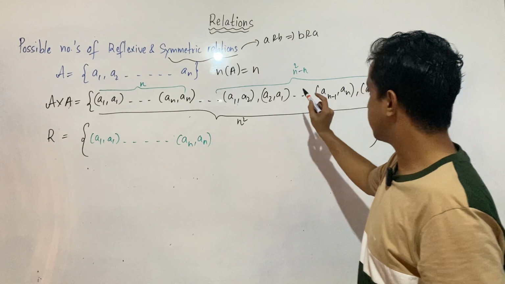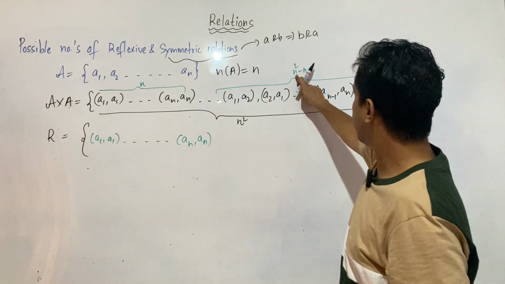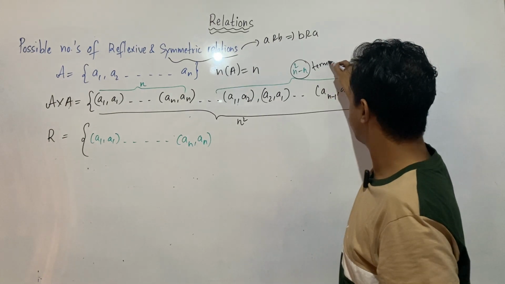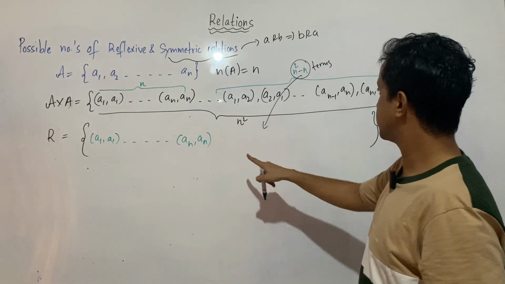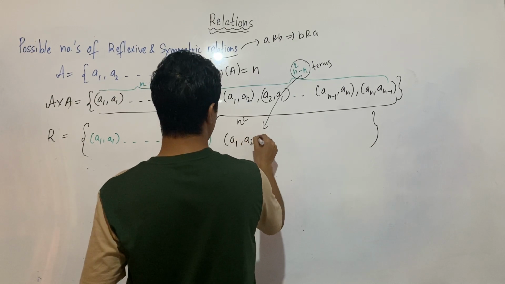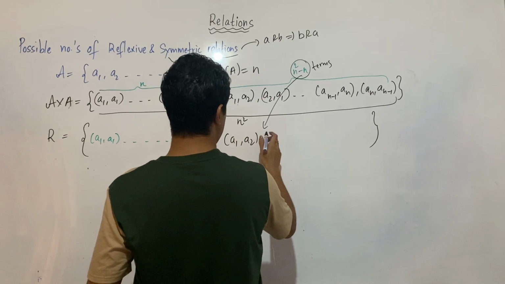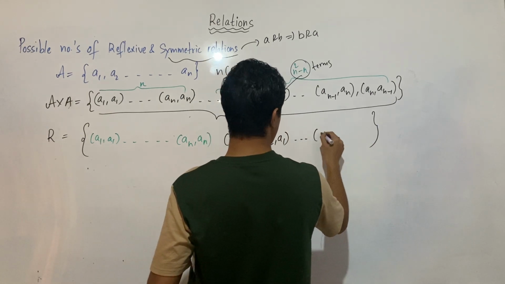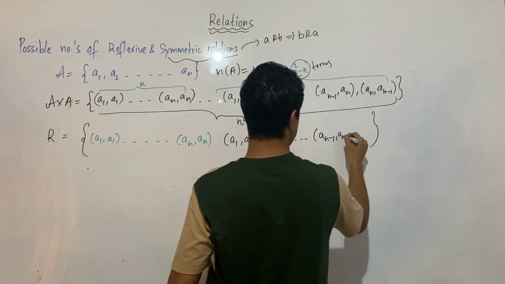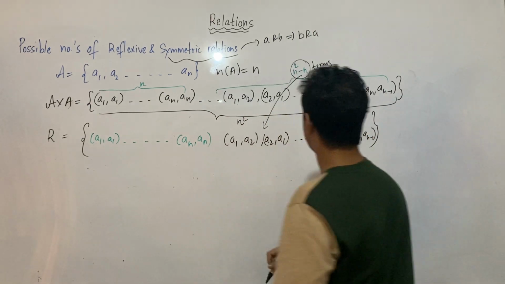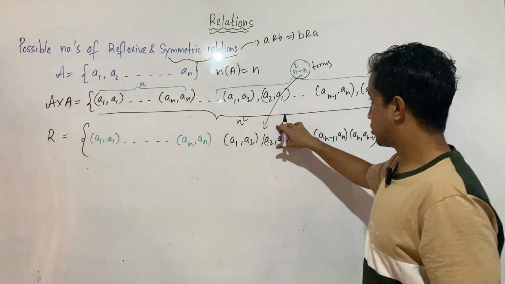These are n square minus n terms, and they have to come in pairs: (A1,A2), (A2,A1), and so on up to (AN-1,AN), (AN,AN-1). Okay, now they have two options, right?